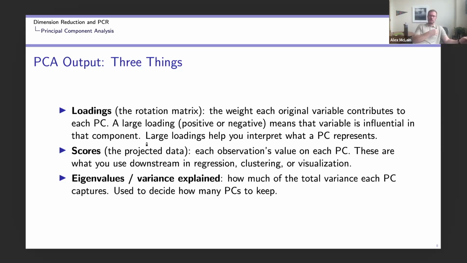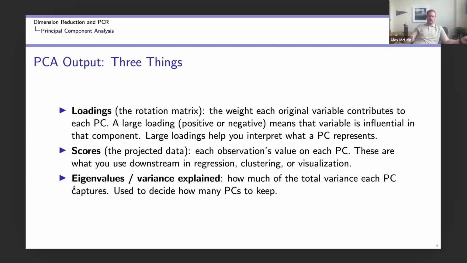These are what we would use downstream in a regression analysis, clustering, or visualization. We've already looked at these because we've done principal components a few times, and we've looked at the scores among the subjects or among the genetic components.